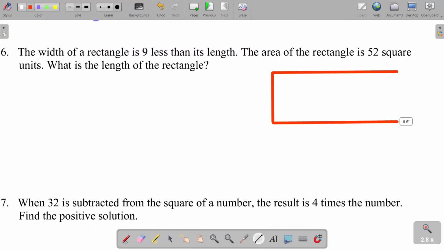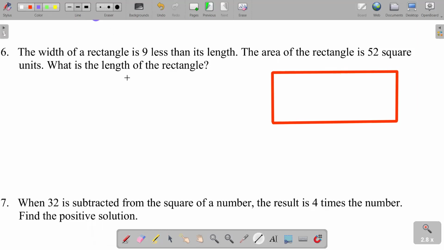Why am I making this one so long? Why am I making it so much longer than it is wide? Because it says there's a big difference between the two, right?